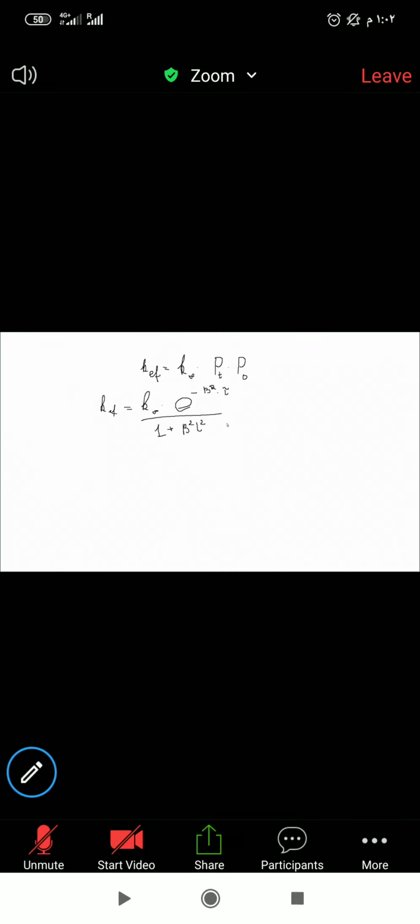At the same time, we can find the effective multiplication factor by the second formula. This is e exponent of minus B squared tau, divided by 1 plus B squared L squared.